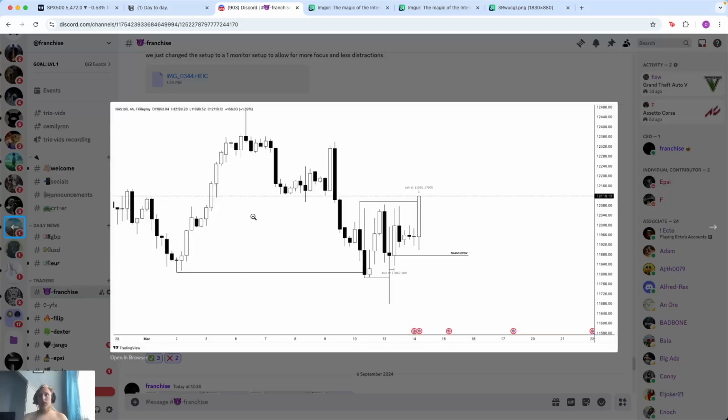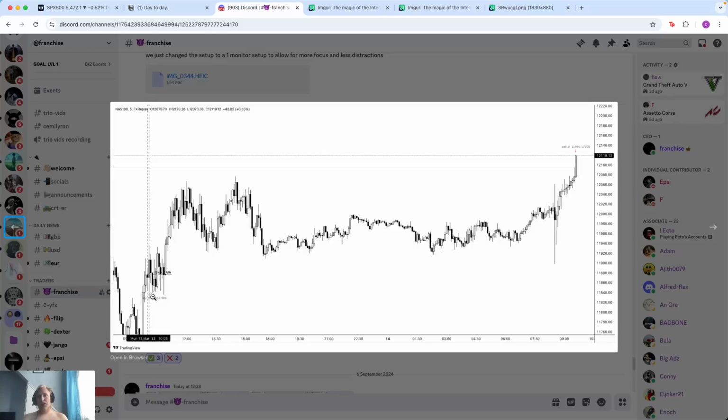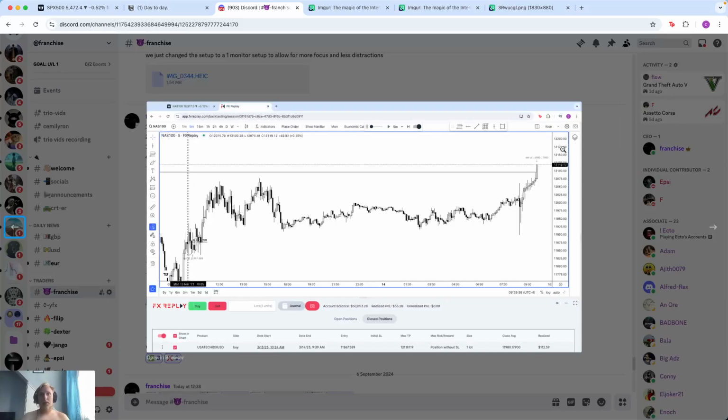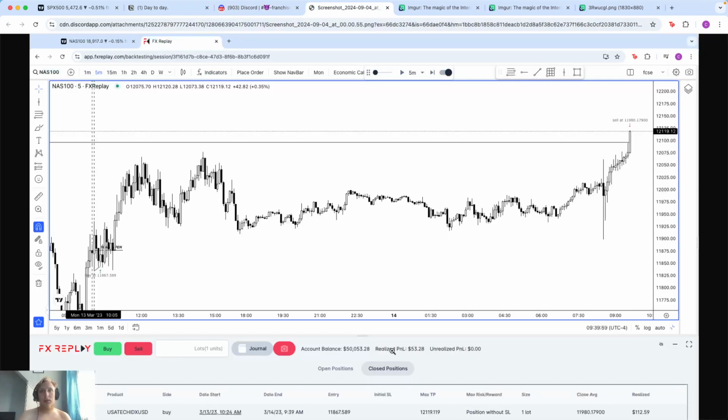Bang. This is showing it on the 4 hour time frame. So we had this SMT right here, stop loss here, and with the SMT right there. As you can see, bought there, sold up there. And this actually shows the exact numbers.